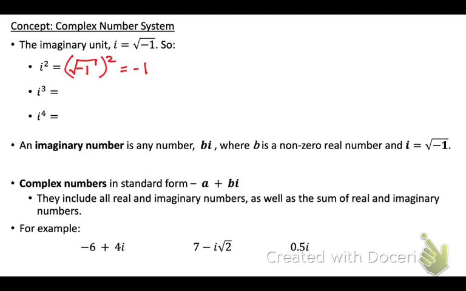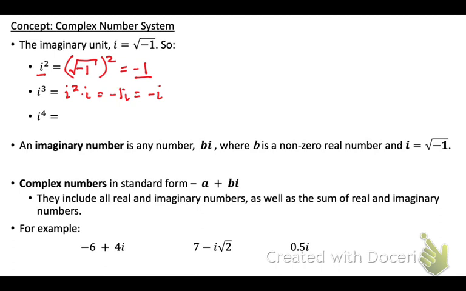So i cubed, wouldn't that be i squared times i? Yes? Well, what's i squared equal? Negative 1. So I had negative 1 times i, which would give you negative i.